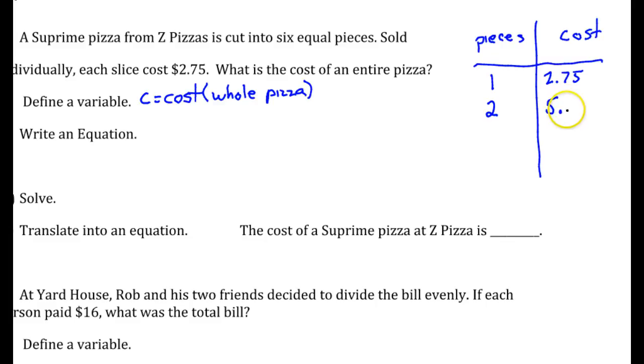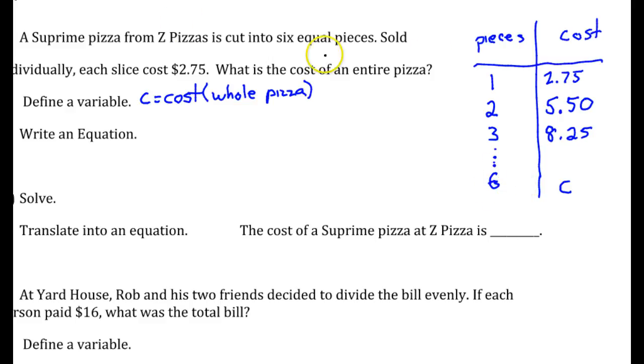You guys tell me. 5.50. 5.50. And 3 slices? 8.25. Okay, and 25, right? Not 75. And we want to continue this all the way up to how many? 6. So that's what we're looking for.